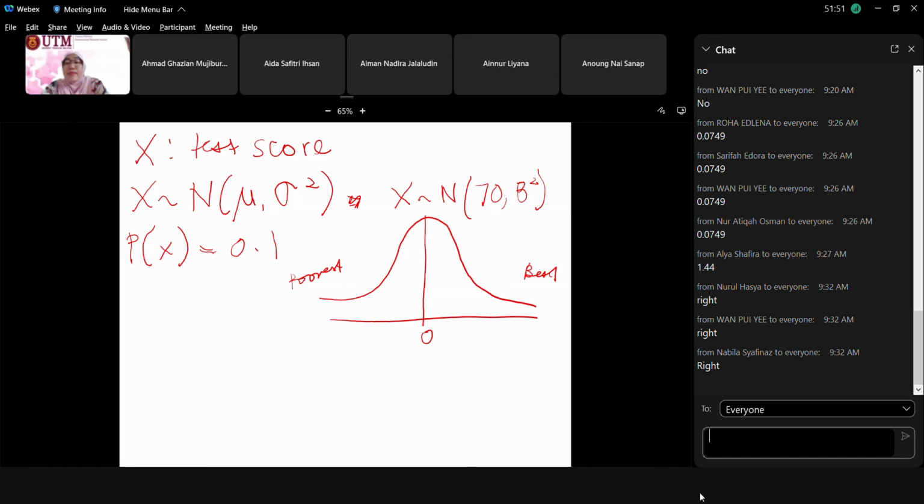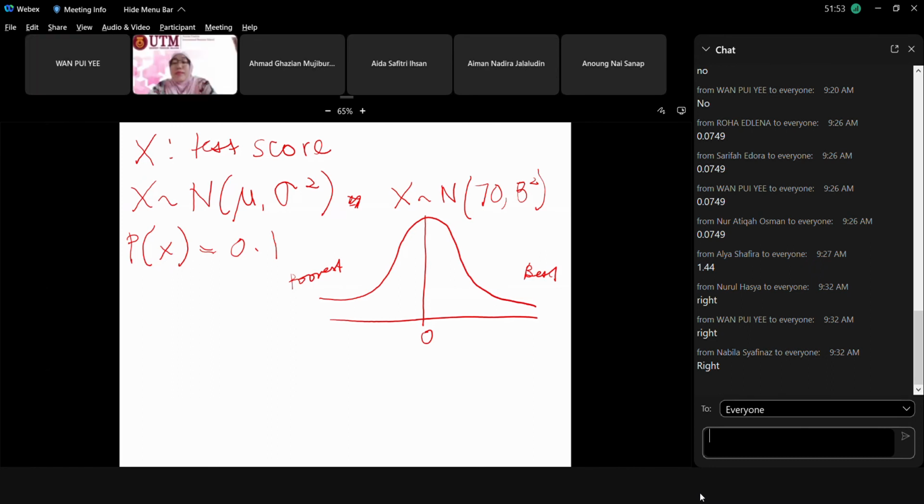Because I think the percentage of the poorest is more than the richest. Okay. How about other people? Can somebody else say something? Why is it supposed to be on the right, not on the left?